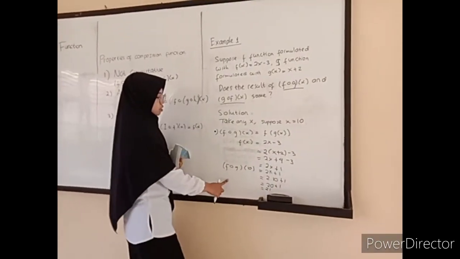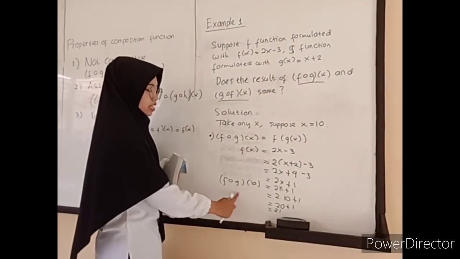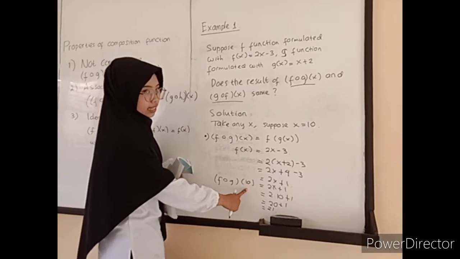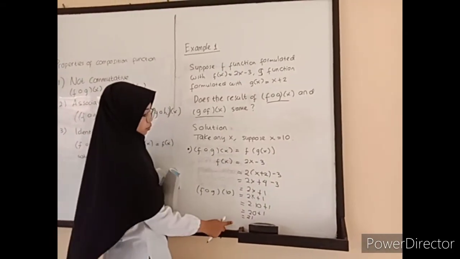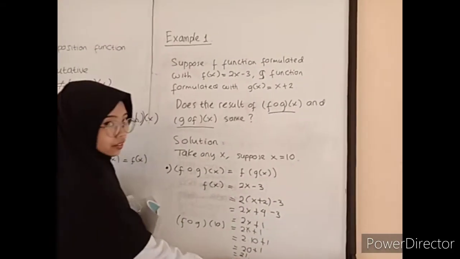After we get the result of f from g with x equal 10, we get 21.